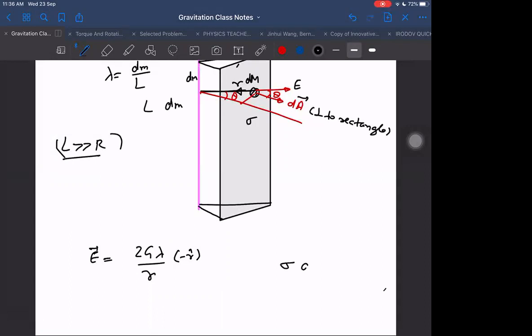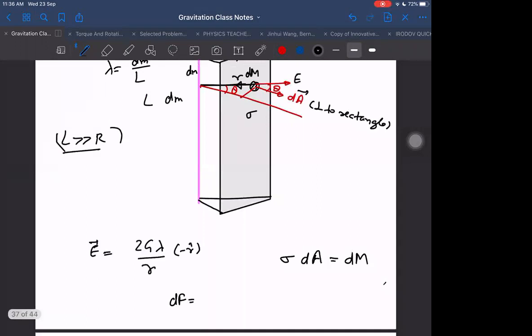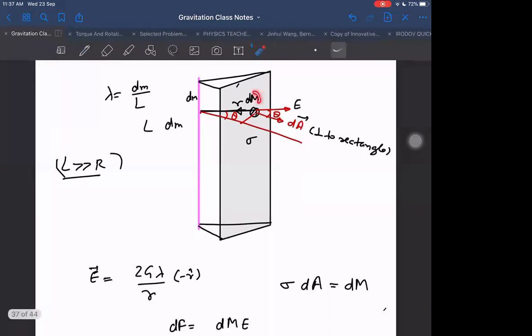Then we get sigma into dA as d capital M. What will the force dF on this small area element become? It is d capital M into E, not dm into E. Understand, we always find the force in this way: by taking the mass of this body, but the field not of this body, the field of the other body.